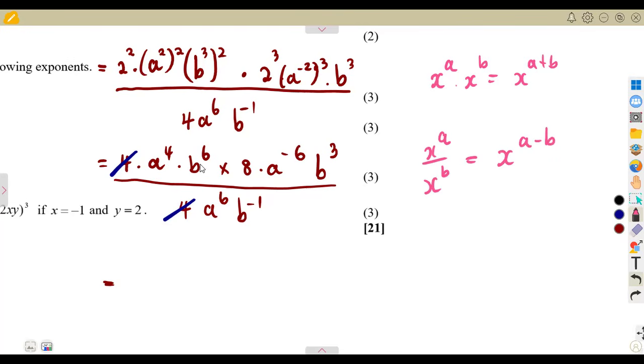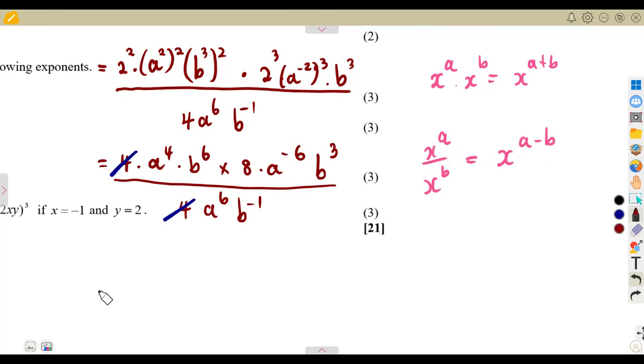So it is clear that in the numerator here, it is a multiplication that we have the a to the exponent of 4, the a to the exponent of -6. They are multiplying each other. So I'm going to add the exponents. So it is going to be 4 plus -6. But take note, already there's an 8 here.